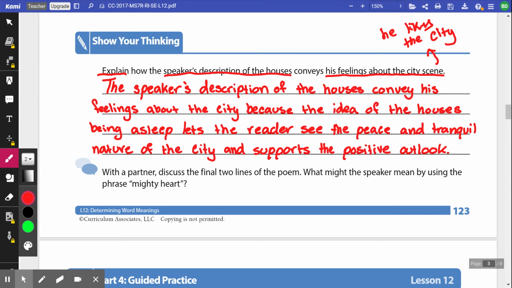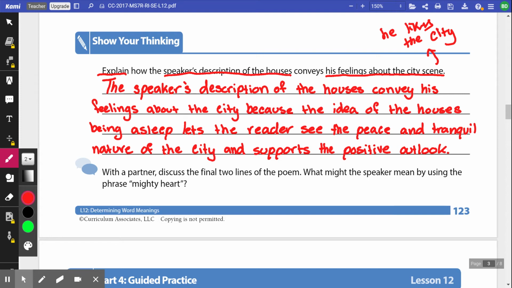For our show your thinking, our writing portion, you had to explain how the speaker's description of the houses conveys his feelings about the city scene. We've already mentioned that in the last half of the poem that we read today, he mentions that it's almost as if the houses were asleep.